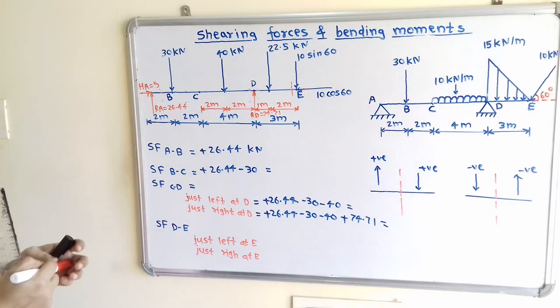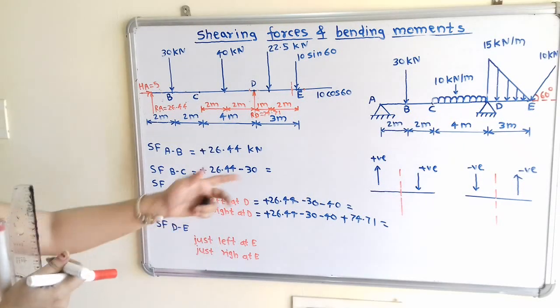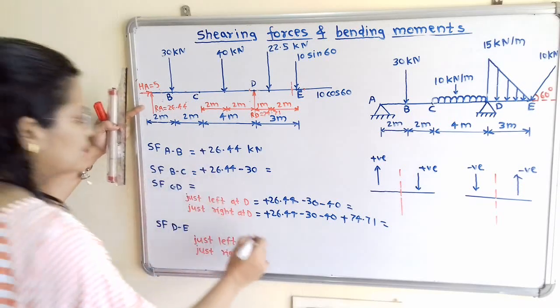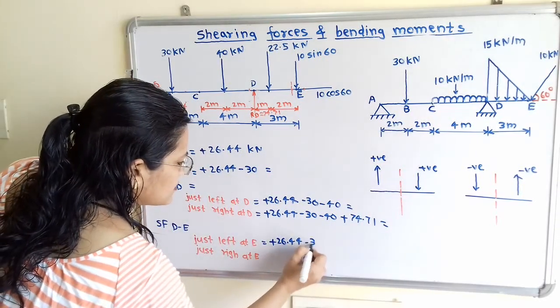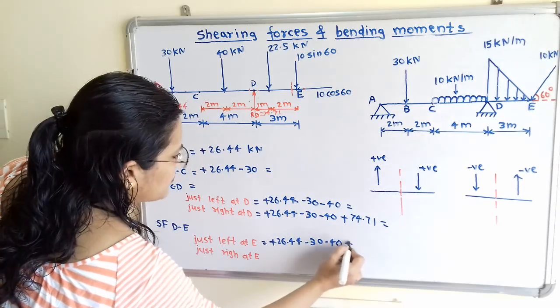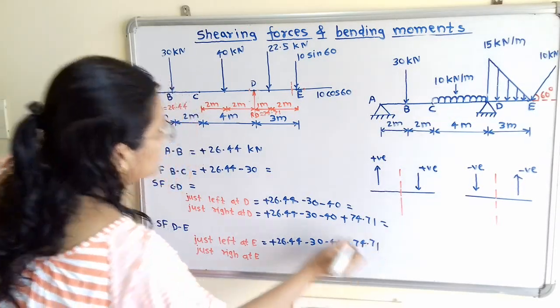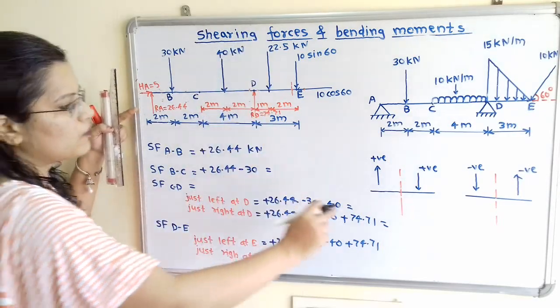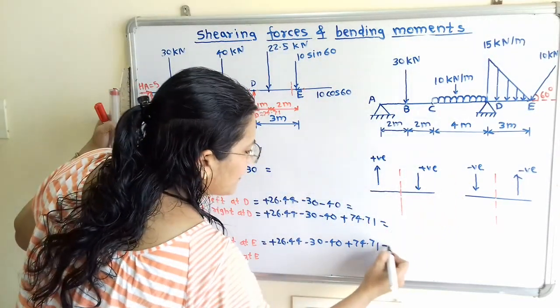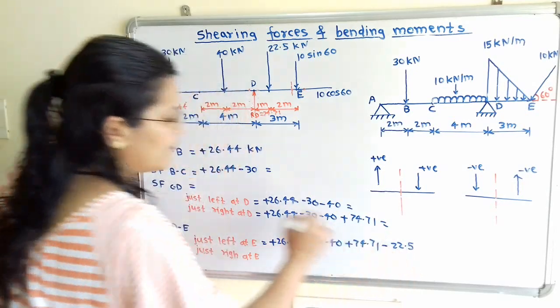So again we will calculate here. So with this sign convention I will take plus 26.44 minus 30 minus 40 plus 74.71, and then here 22.5, which is in downward direction. So we will use minus 22.5.